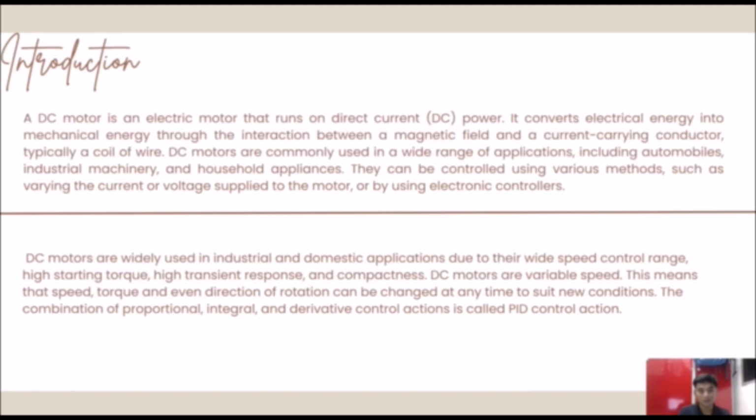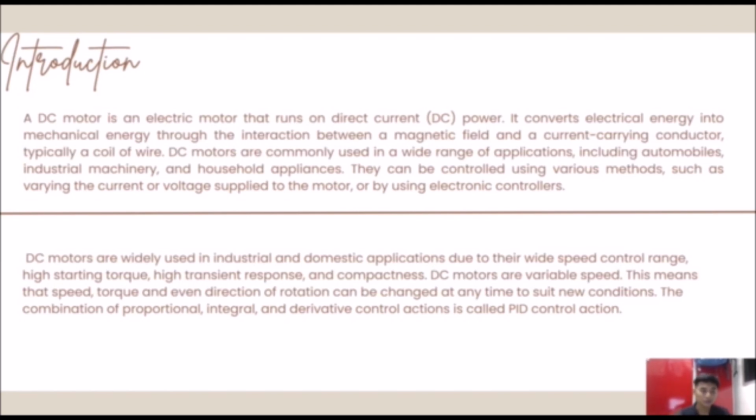DC motors are commonly used in a wide range of applications, including automobiles, industrial machinery, and household appliances. They also can be controlled using various methods, such as varying the current or voltage supply to the motor, or by using an electronic controller.